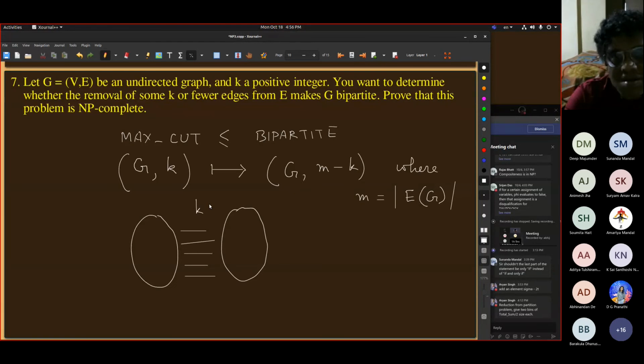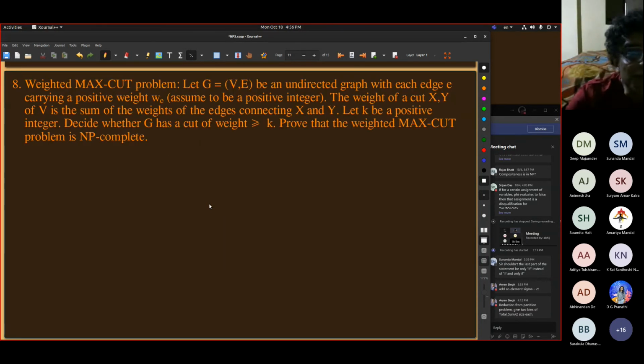Yes? Yes, sir. Okay. Again, this is something. So the weighted max cut problem. But now, instead of trying to maximize the number of edges across the cut, I am trying to maximize the sum of the weights of the edges in a cut.